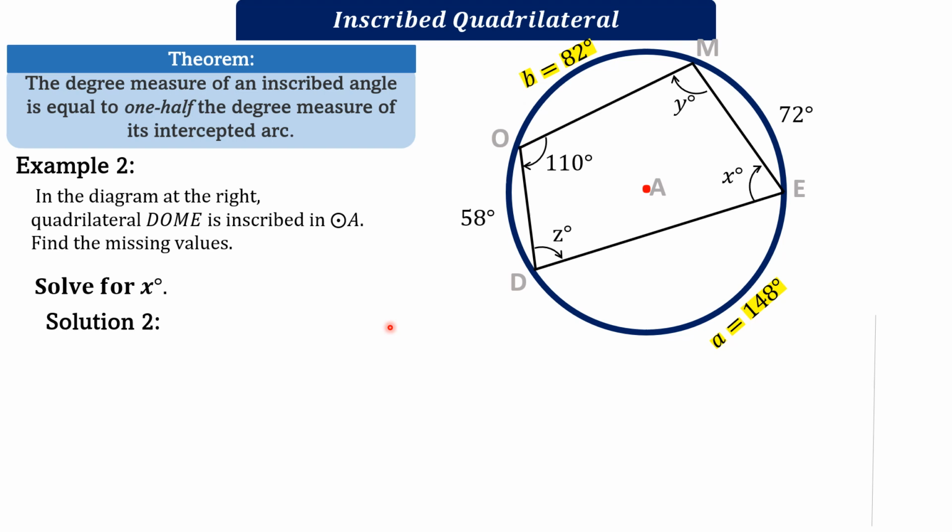Another solution in finding X is to apply the degree measure of an inscribed angle is equal to 1/2 the degree measure of its intercepted arc. Where is angle X, or angle E rather? Its intercepted arc is arc MOD or DOM, which is arc DO plus arc OM.